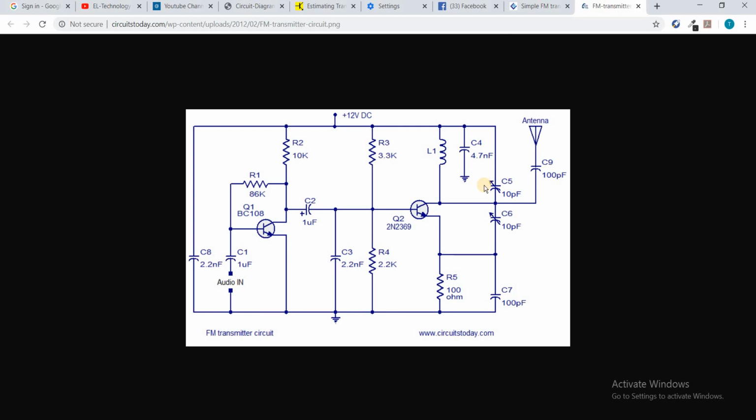Actually, this capacitor is a variable capacitor, as you can see. The formula for the calculation of the frequency that the circuit will be working with is F, frequency, equals 1 over 2 pi square root of LC.